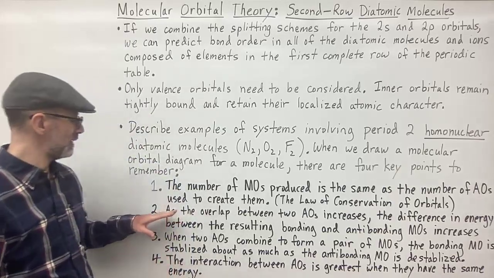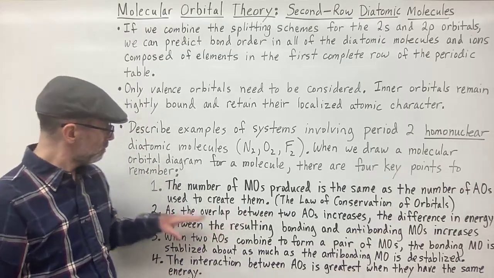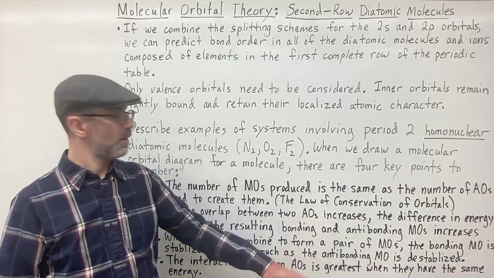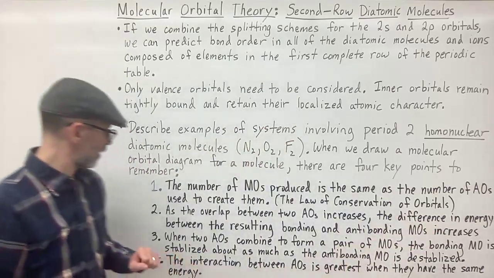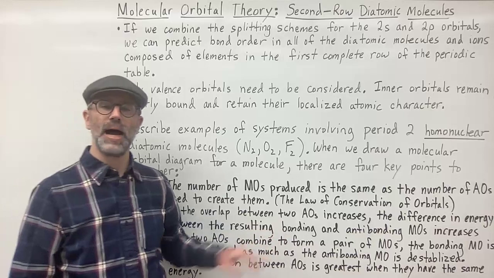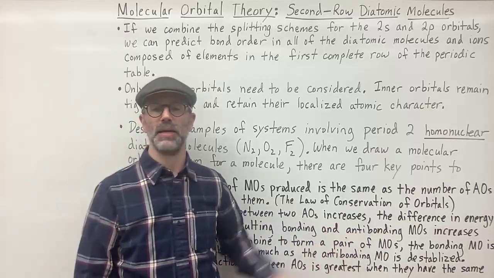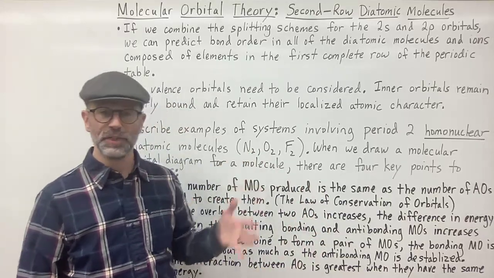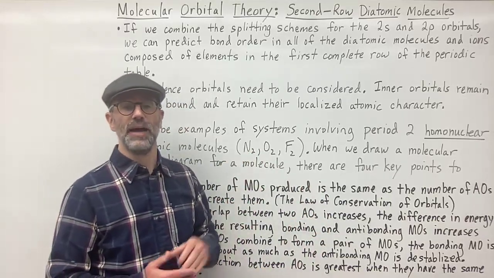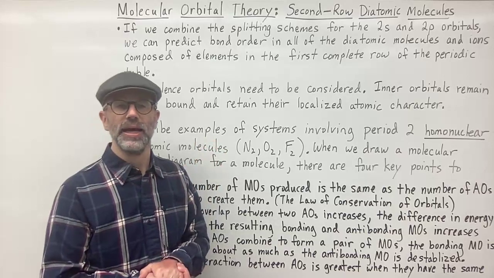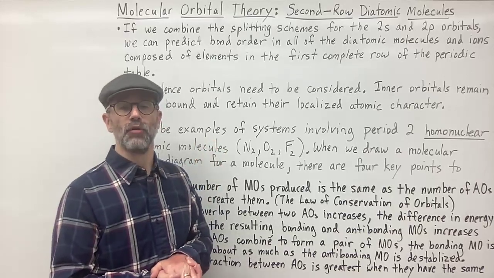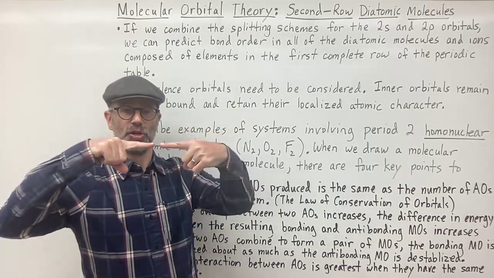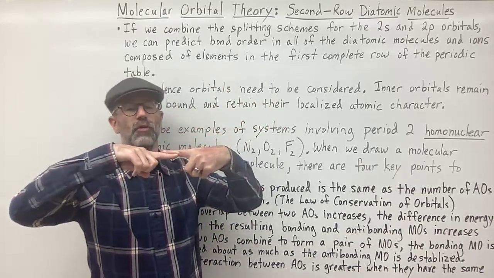So the second one is as the overlap between the two atomic orbitals increases, the difference in energy between the resulting bonding and antibonding molecular orbitals increases. And we saw this in a previous video. So you'll see that from the p orbitals, right? The overlap of the p orbitals. The p orbitals that overlap along the internuclear axis are going to have more of an overlap.